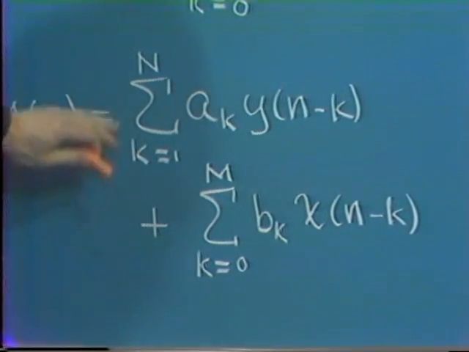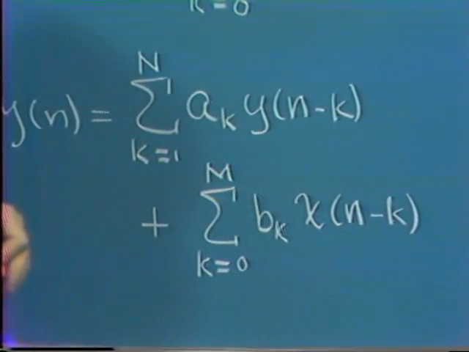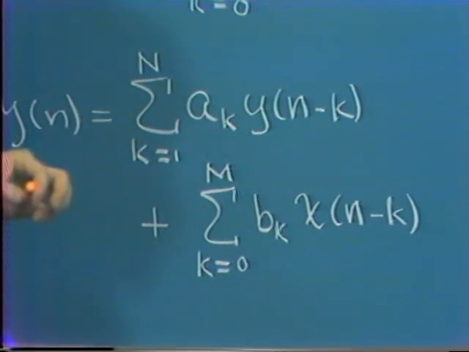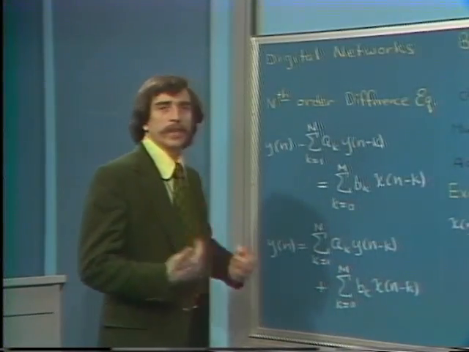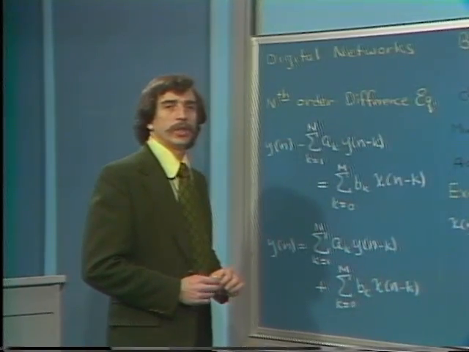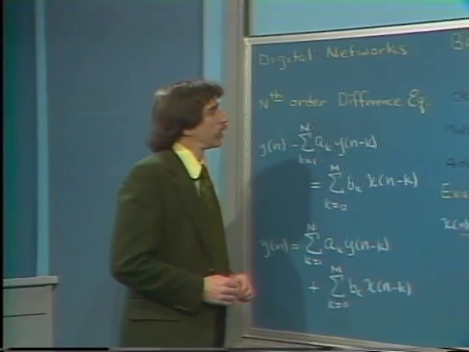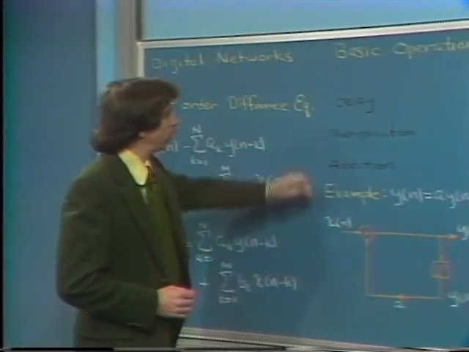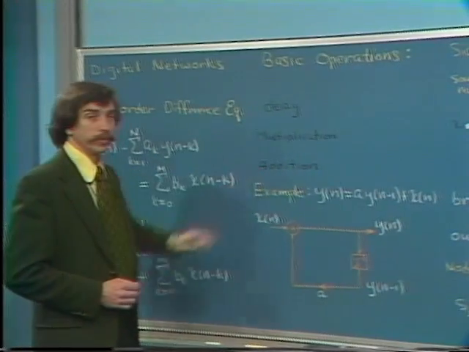And so the third operation that is required in the implementation of a linear constant coefficient difference equation is the operation of addition. Consequently, if we were to think of basic digital network elements, we could choose as our basic elements the operations corresponding to delay, multiplication, and addition.